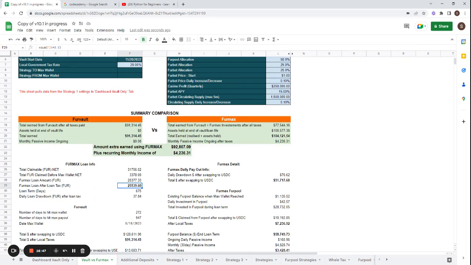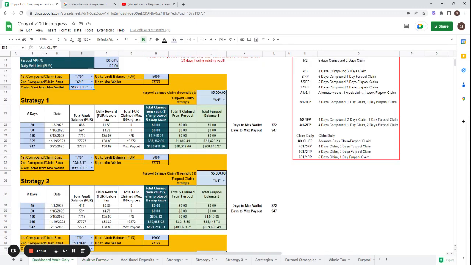Okay, so play around with it anyway, but it shows you in big bold numbers exactly how much you're likely to earn additionally by using Furmax because of the tax benefits that you get. And then also the fact that you're diversifying into a longer term income stream. You're going to have this coming in every month once you reach the end of your loan agreement.